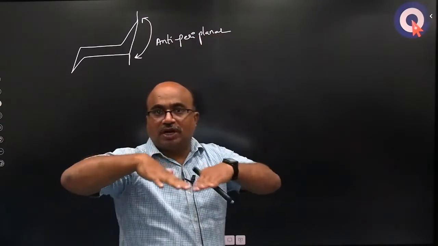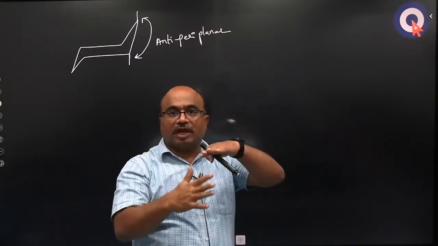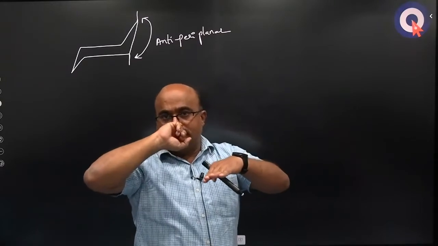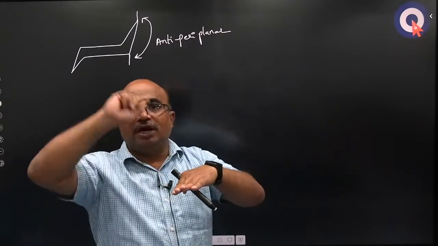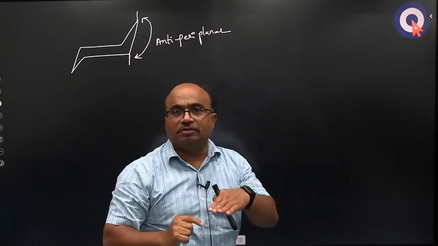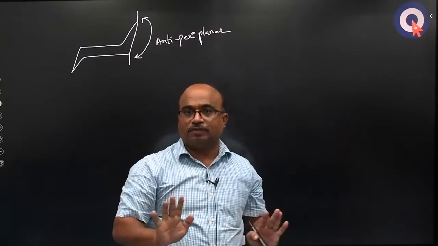The leaving groups during the E2, because the simultaneous pi bond formation starts, must always be in the diaxial, anti-periplanar position.